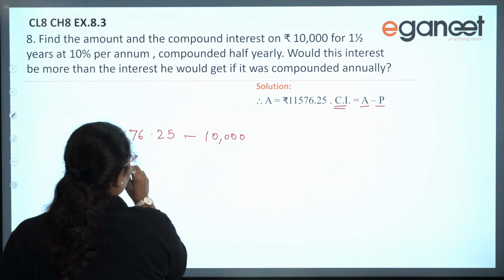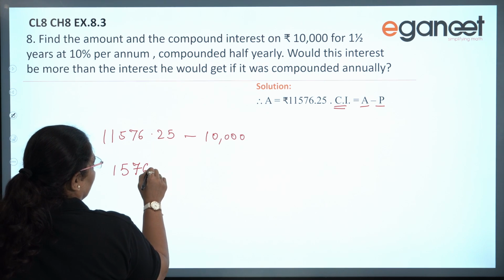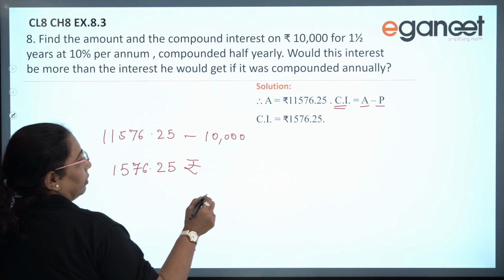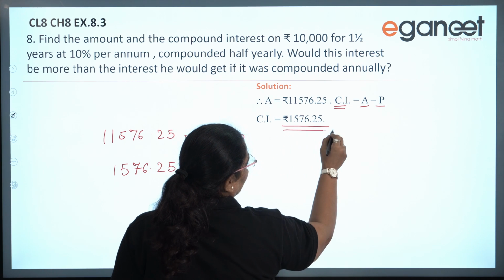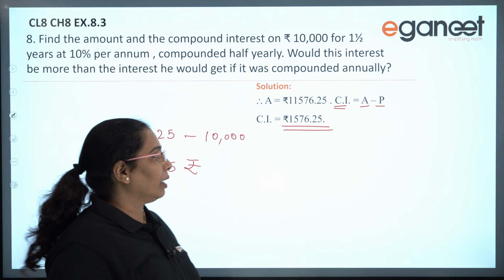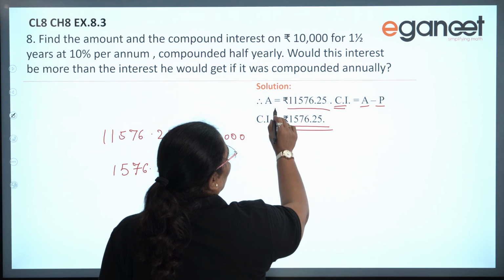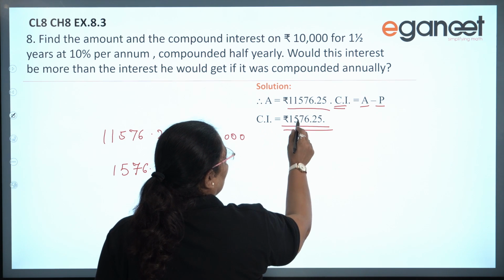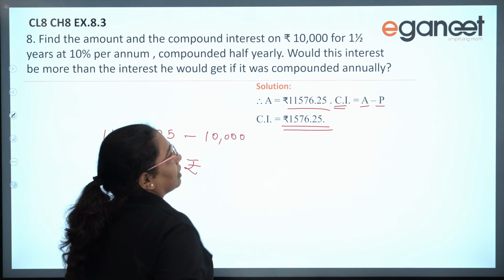So automatically the compound interest is 1,576.25 rupees when compounded half yearly, right? Now we got the amount and the compound interest when the principal is compounded half yearly. So we solved the problem till this.